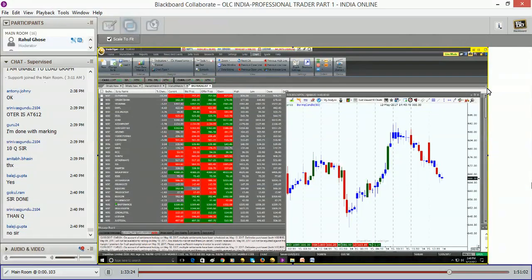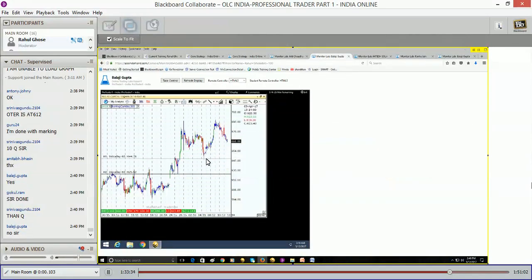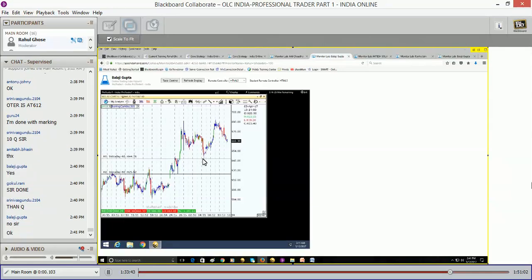Balaji, now the level that you've marked, from 644 to 625. Okay, now let me bring it over here so that everybody can see. The level that you marked here from 644 to 625, can you see prices have come back and touched your level? Whenever prices come back and touch your level, it means that you can no longer take that level.